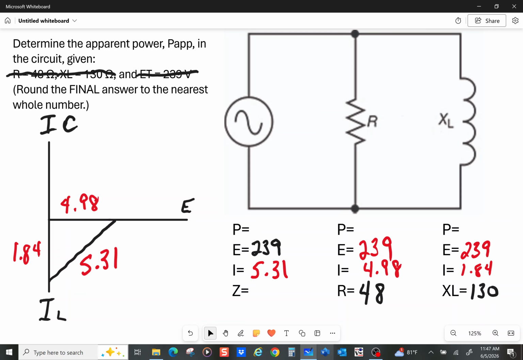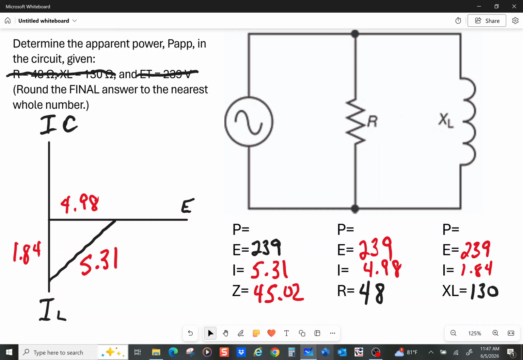And now I can solve for my impedance. So I'm going to take my 239 volts and divide it by that answer, and I'm going to get an impedance of 45.02 ohms. And we can do this 100 times out of 100. All right, so we can solve.